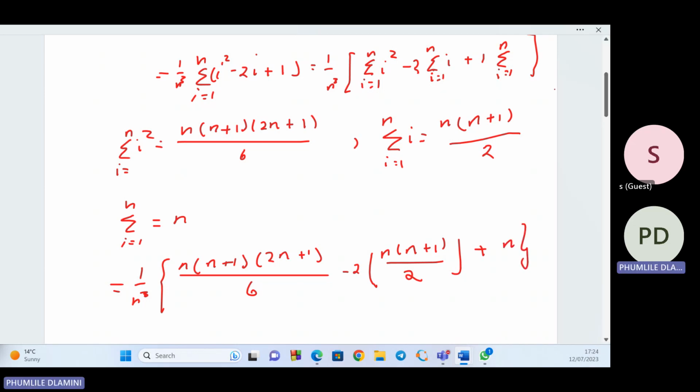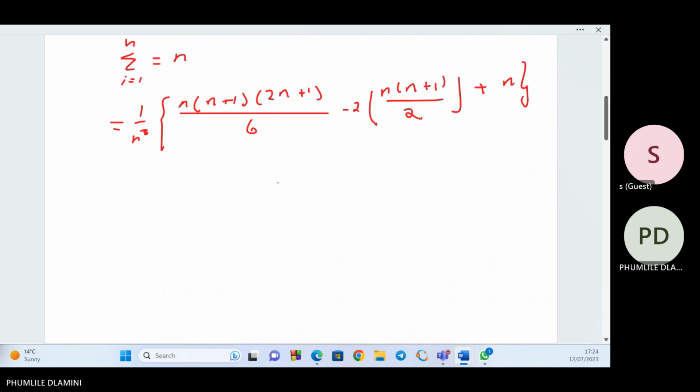So now when we have written that, we can now multiply everything by 1 over n cubed. This n will cancel here, and you will be left with (n plus 1)(2n plus 1) over 6n squared.